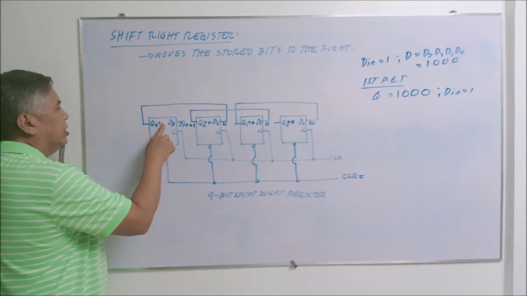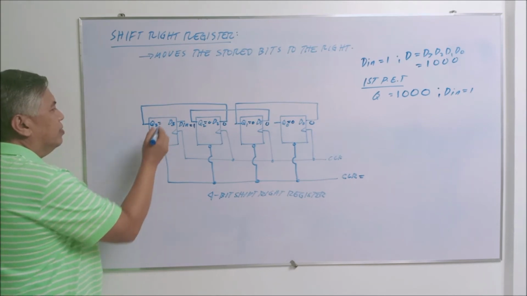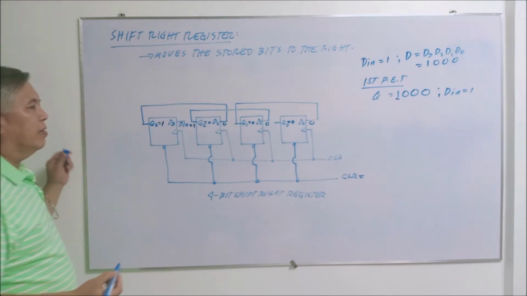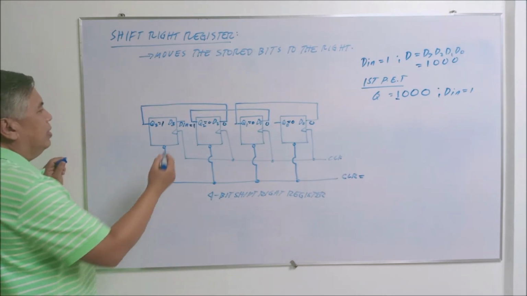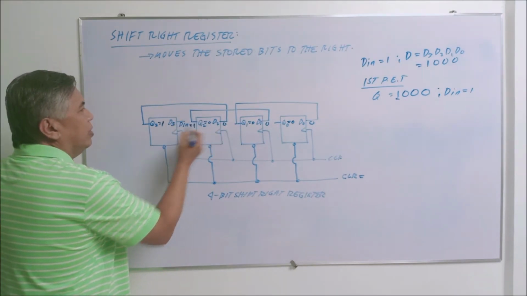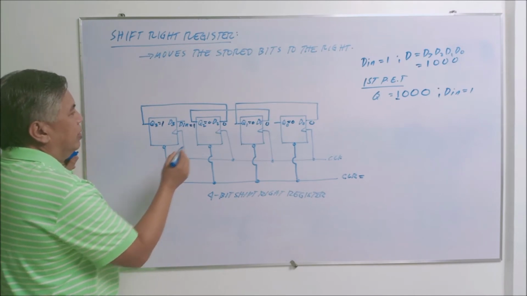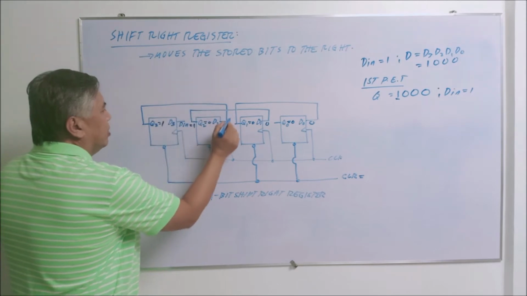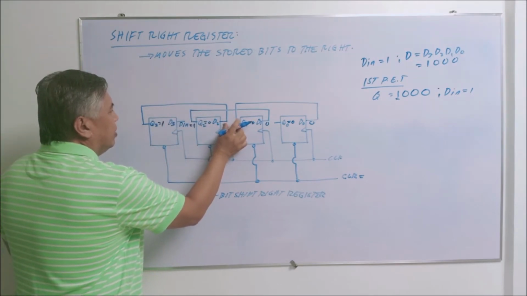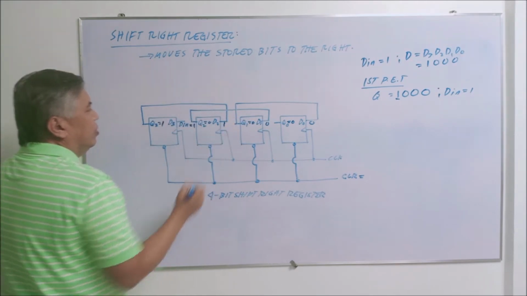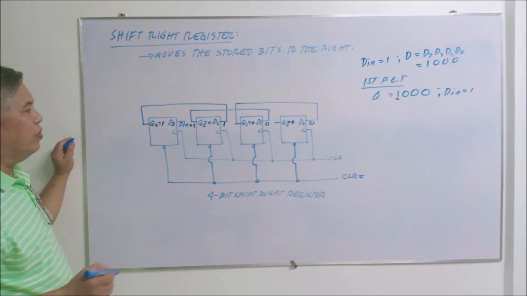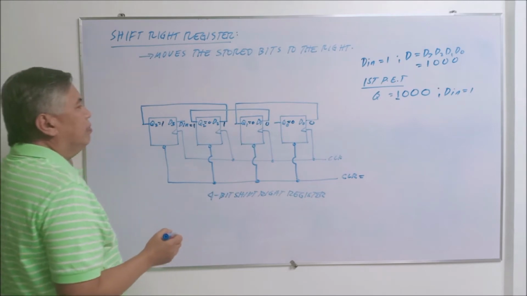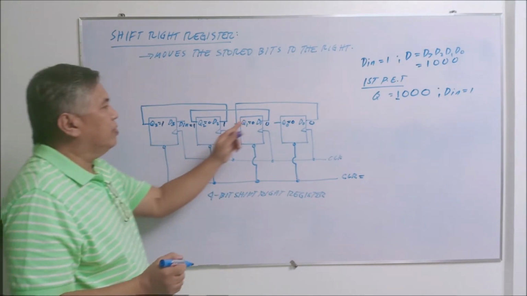D sub 3 is already 1 based on our first input. The value of Q sub 3, which is 1, will now be fed back to your D sub 2, so D sub 2 will be equal to 1. Your Q sub 2, with a value of 0, will be the value of D sub 1, which is 0, and so on.